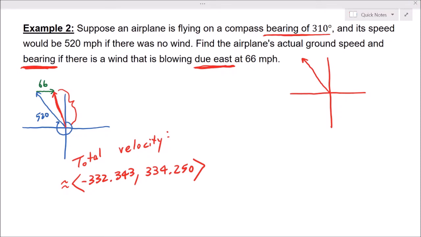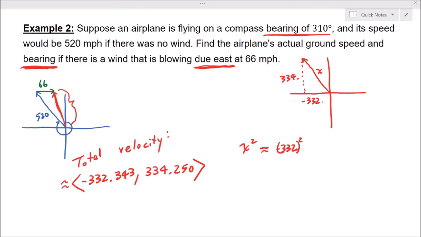And now again, it's asking for the speed and the bearing. Remember that we can find the speed, as in the magnitude, easy with a formula, right? Just Pythagorean theorem. So it goes left negative 332 point something, and then above 334 point something. The magnitude here, x squared, is around negative 332 point something squared.